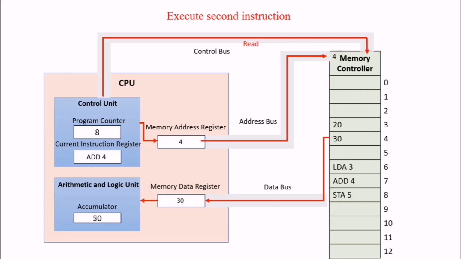The number 30 is now passed to the arithmetic and logic unit, which will add it to the value that's already in the accumulator. We notice that whenever the memory is read, a memory address has to go into the memory address register first, and whenever anything enters the CPU, it has to come through the memory data register.